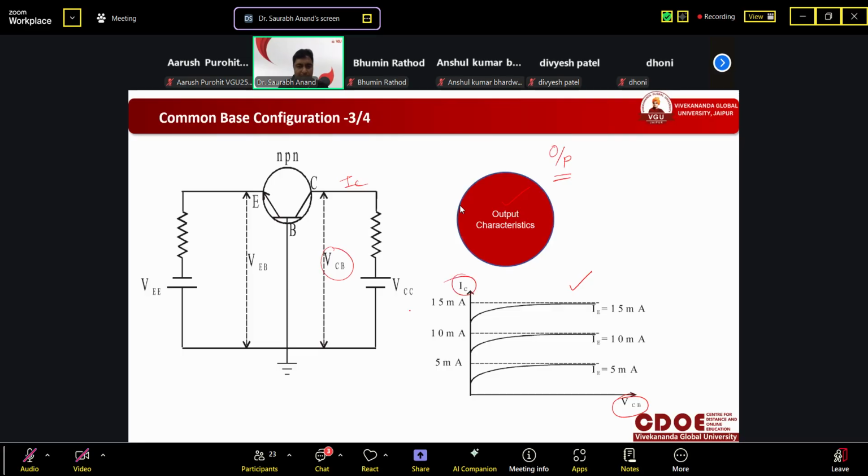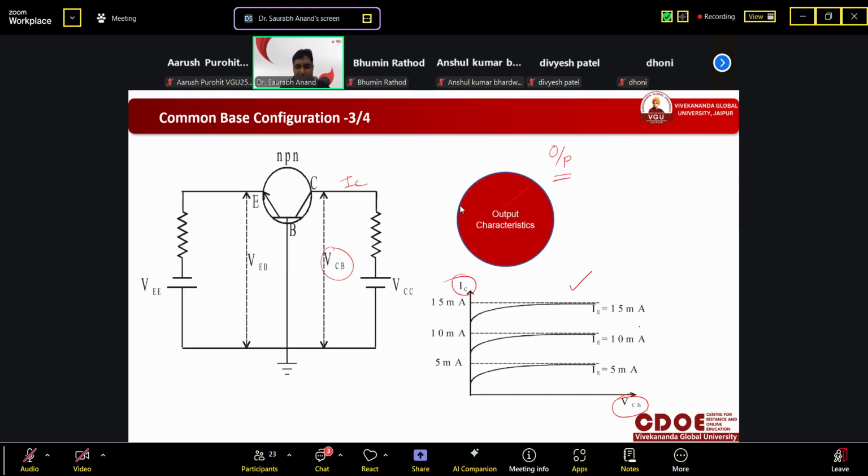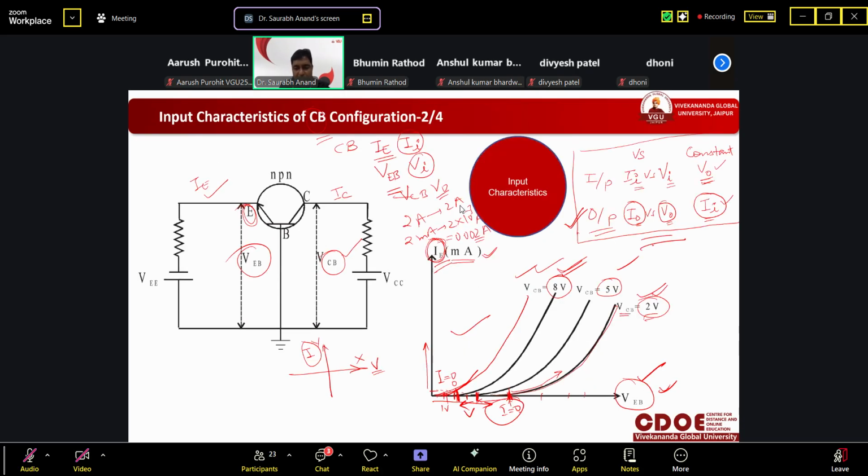And what do we keep constant? IE is the input current. So we keep the value of input current constant and vary the output voltage, and we get the output current. That's all. So what we have written here or remembered here is useful here.